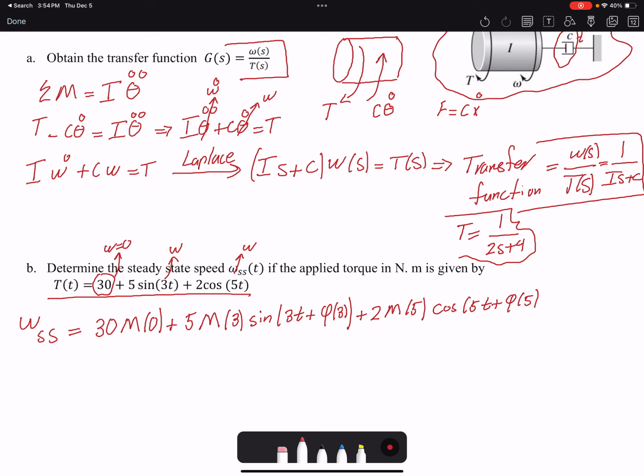So my job is to find M0, M3, and M5 in addition to phase changes. So I have to find 5 unknowns so I can find a steady state response of the system.